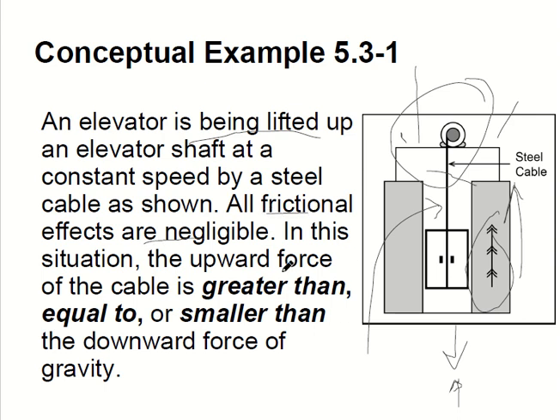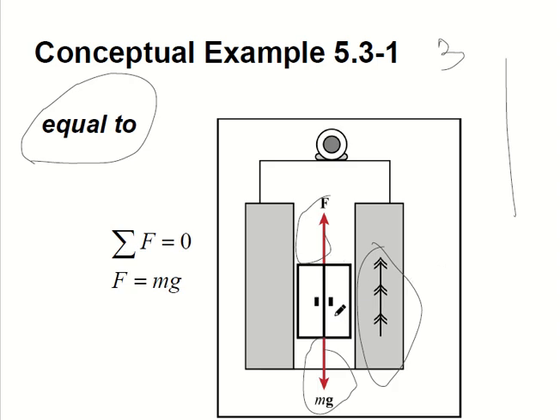The upward force of the cable, which is this guy, is equal to the downward force of gravity. Don't get caught up with the resultant force. The resultant force is going up, so therefore your motion is going up, but the action and reaction are the same.